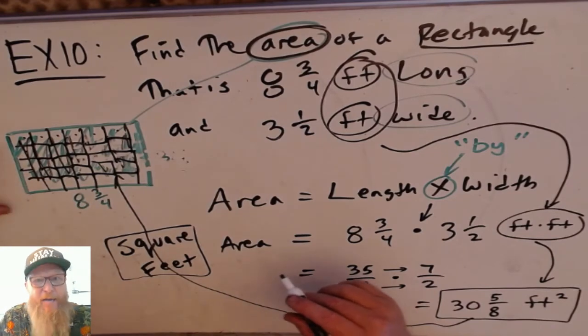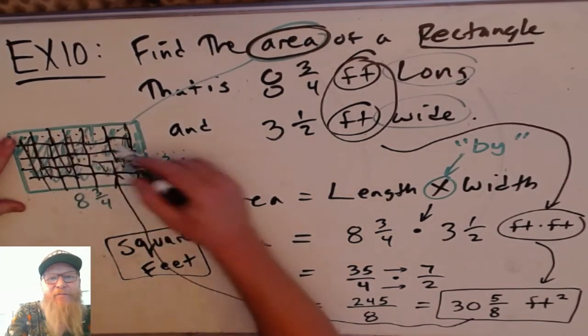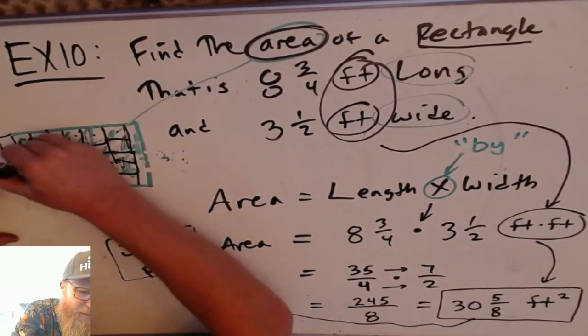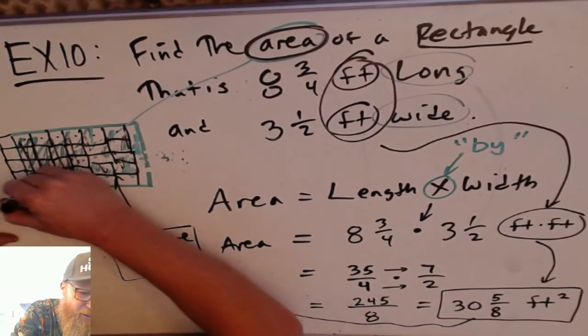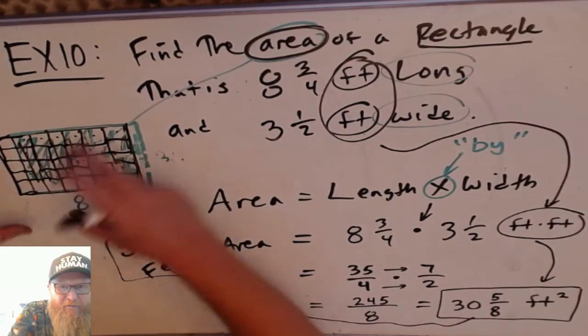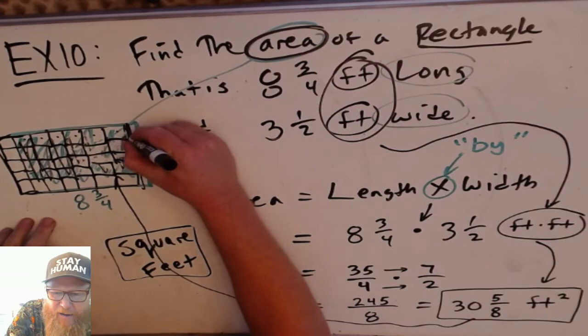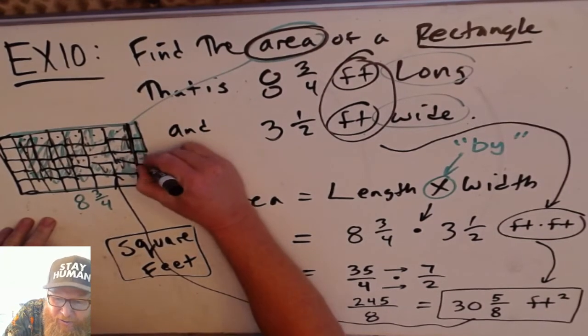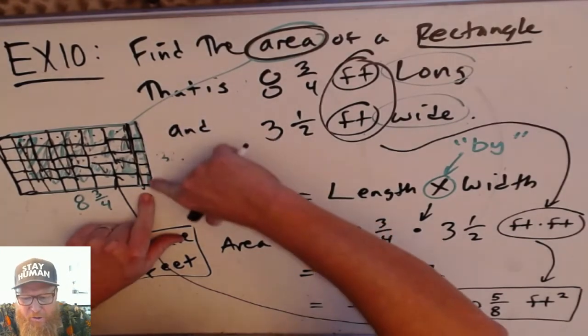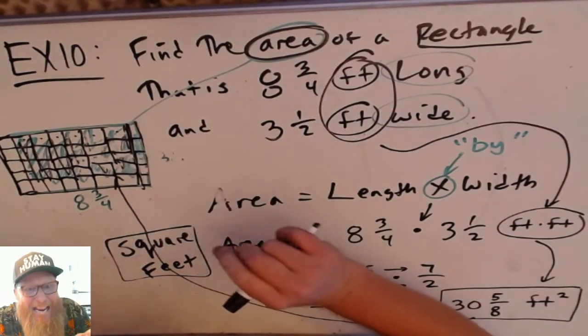So you have 35 of these squares right here. If I really want to make it 35, I'll add an extra row here. There we go. So that's 35 squares filling the rectangle. And then you have 1, 2, 3, 4, 5. Those aren't whole squares. Those are eighths.